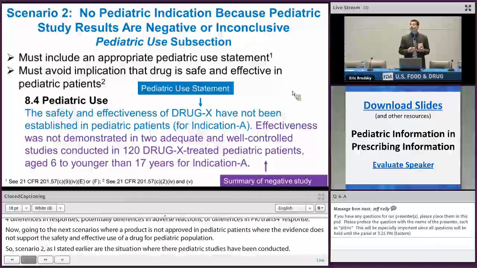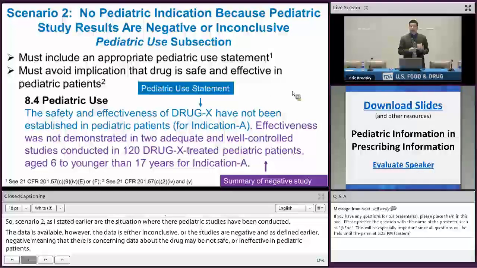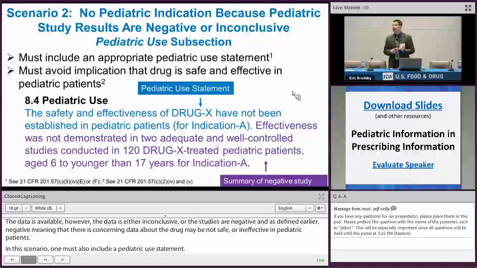In this scenario, one must also include a pediatric use statement, and it's important, as stated in one of the earlier talks, one must not imply or suggest a usage, an indication, or a dosage that is not approved.